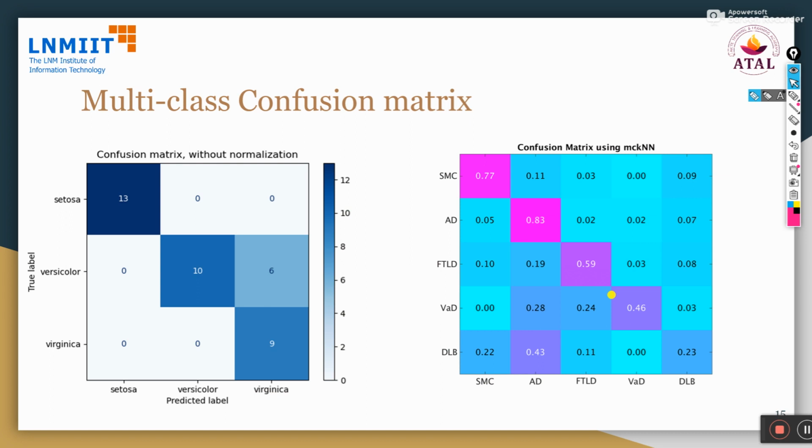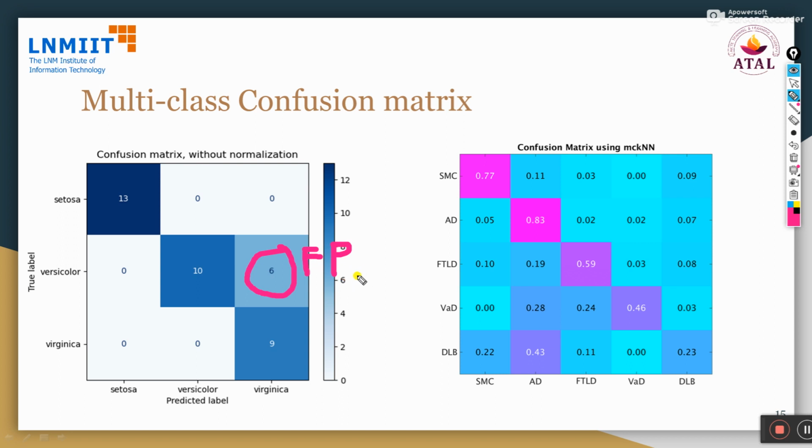Here we have setosa. Along the x-axis we have reality, and along the y-axis we have the prediction part. So my system is going to predict setosa as virginica. Here my reality is no and the prediction is yes, so it is false positive, yes or no?